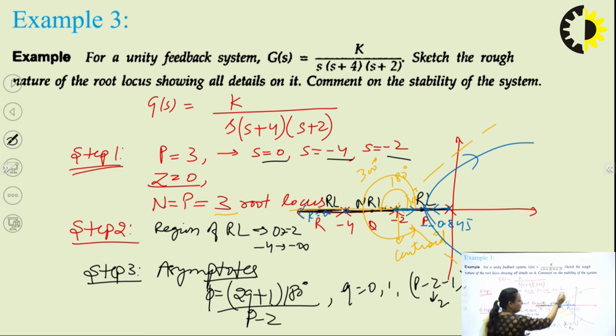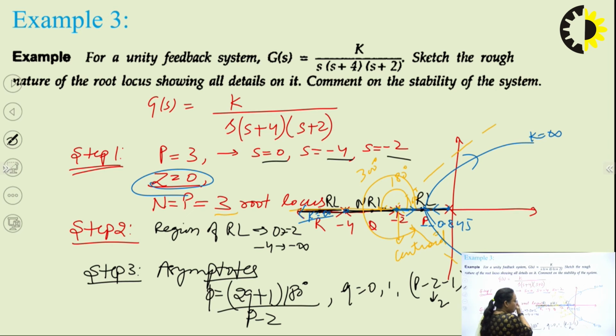These asymptotes are assisting those branches. Now I have to find out these two branches terminating towards k equals infinity. All the three branches in this case will terminate towards infinity, as there are no zeros.